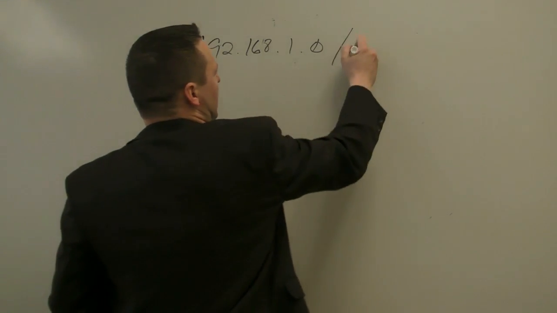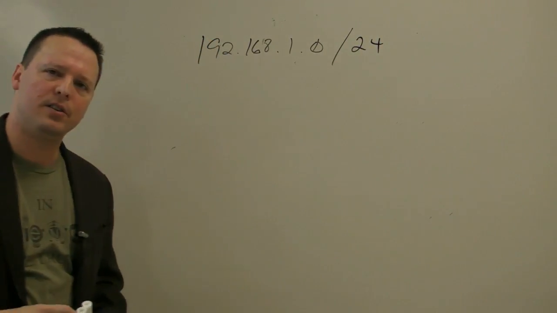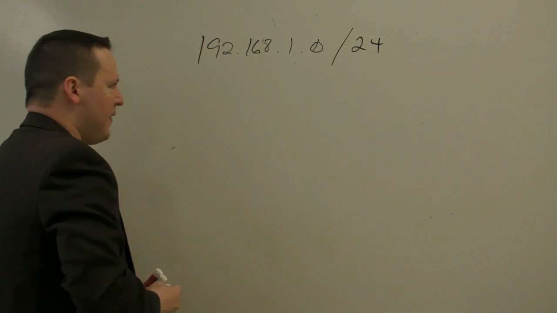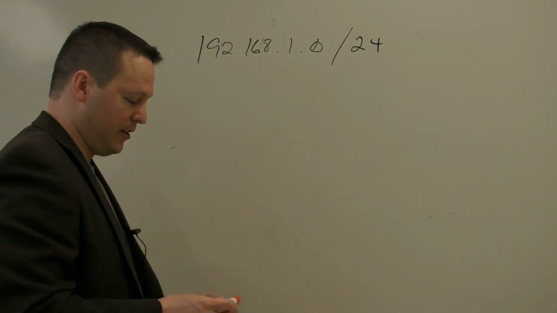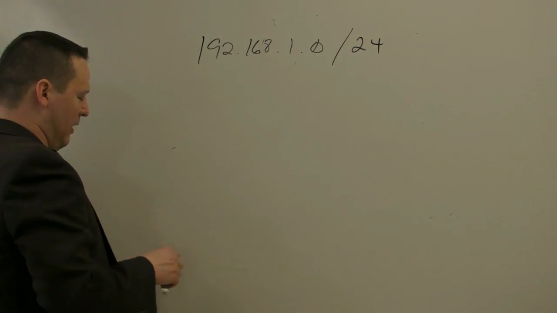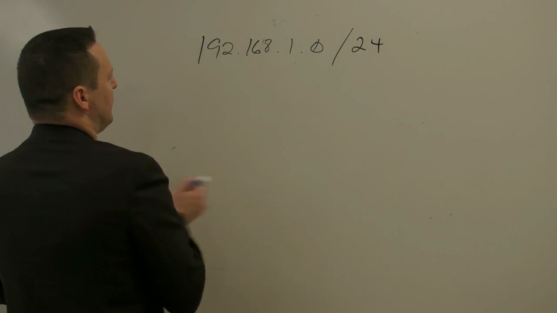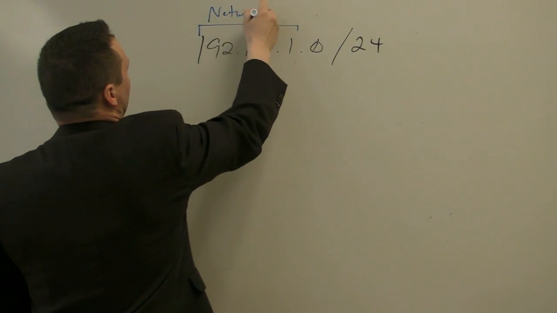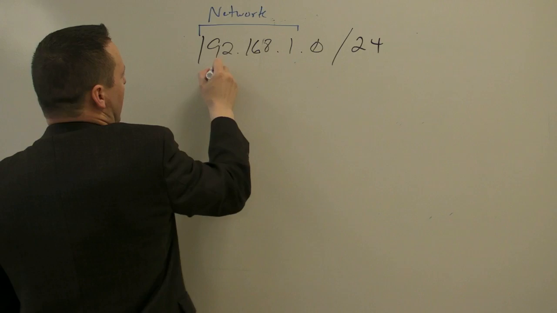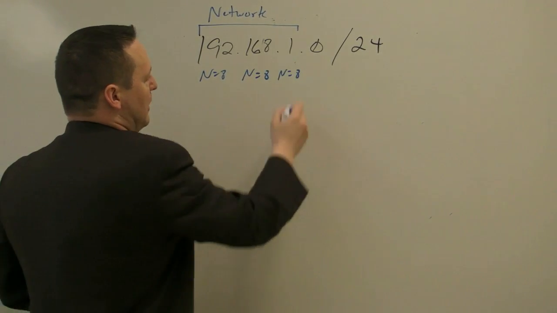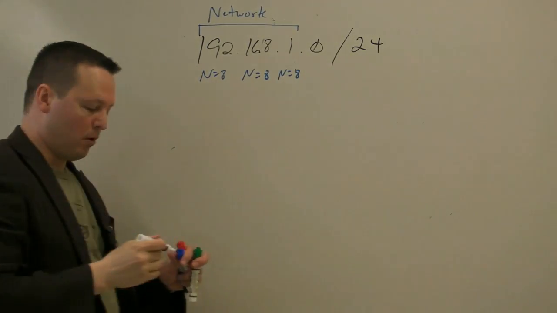So, simply put, in a default situation, we're saying the first 24 bits are network, and the last remaining bits are host. Now, how many bits are remaining? Well, if we say this piece is network, again, that's 8 network bits, 8 network bits, 8 network bits, or 24.